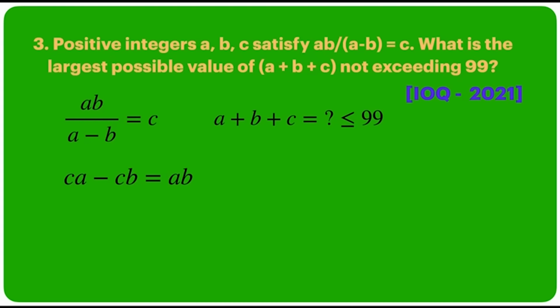The algebraic manipulation will be accordingly, so that we can factorize the algebraic expression of the given equation. Here CA minus CB, so if we change the side of AB, then it will be CA minus CB minus AB equal to 0.